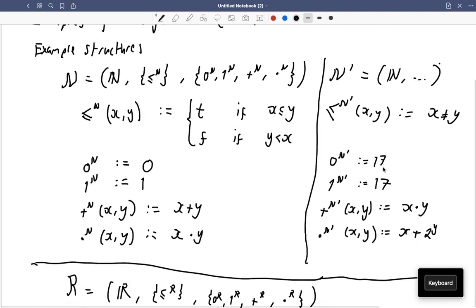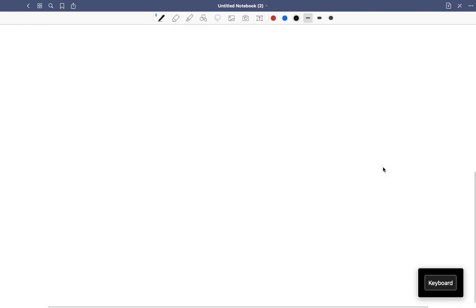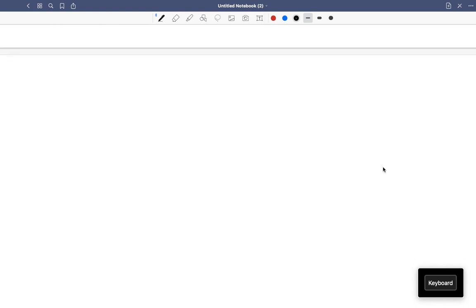The point is, once we've got a structure, we can say what the interpretation of formulas in a structure is.